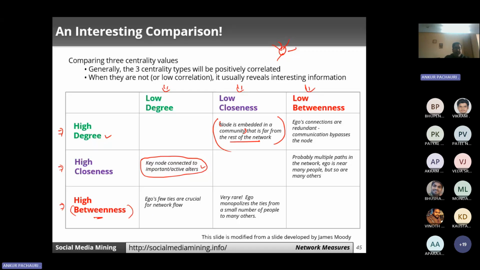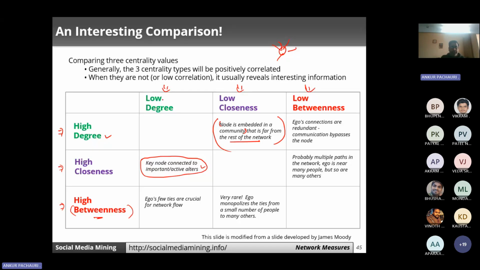High betweenness and low degree. So this we have done: high degree, low closeness, and high closeness, low degree. Now high betweenness, low degree.